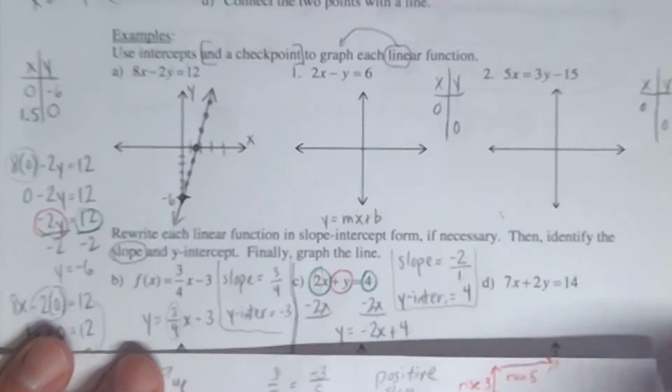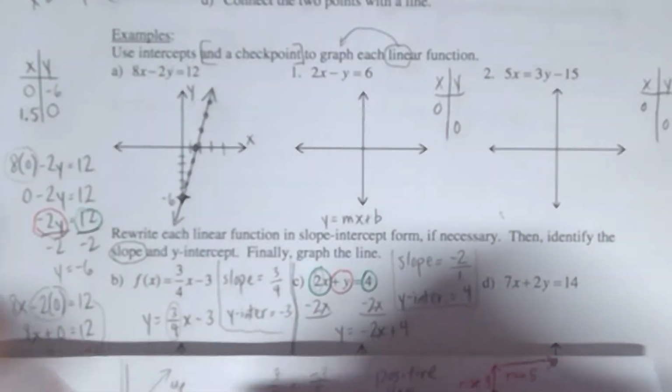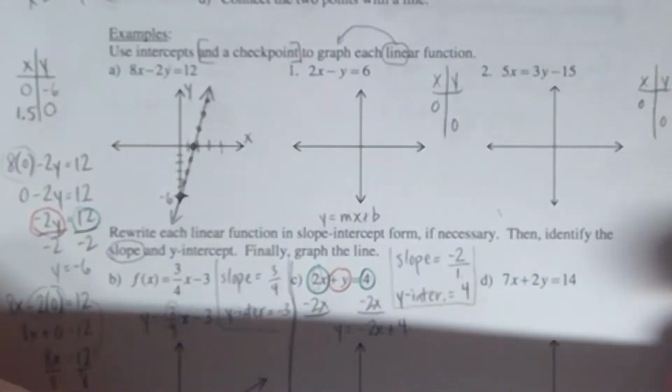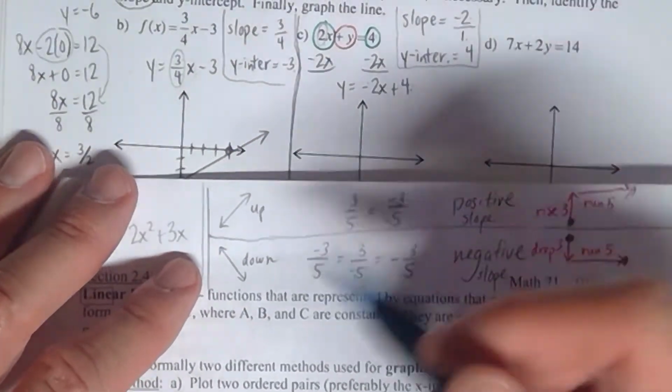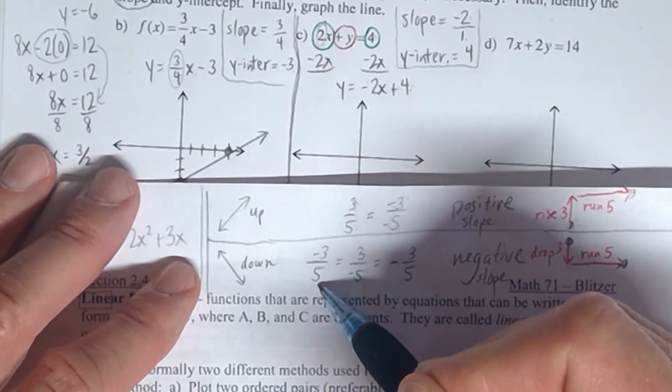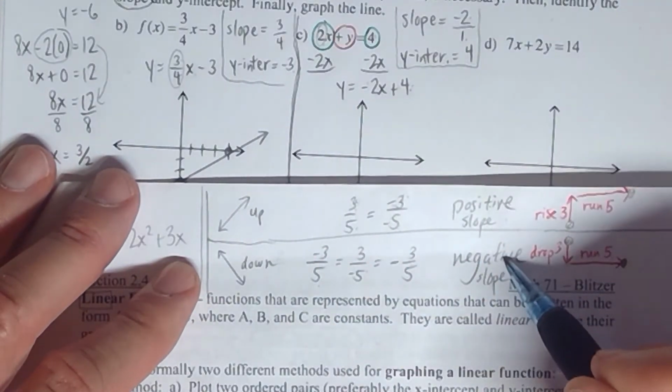Since the slope is negative, because it's a negative... Sorry, that fell off the screen there. Let me bump this up. There we go. Since it's a negative divided by a positive, that means that it's going to be a negative slope.